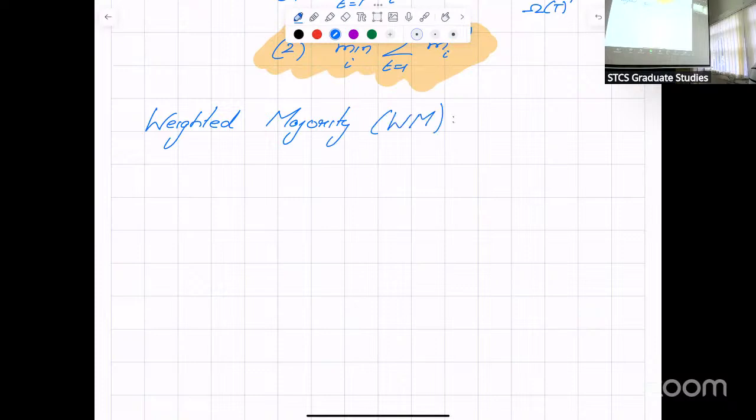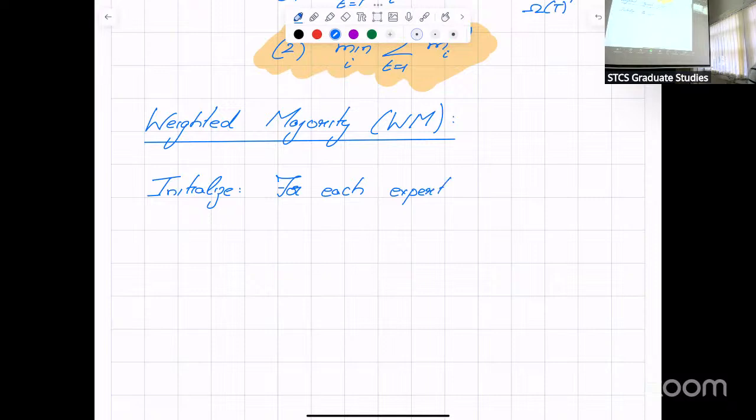WM. For the initialize step, for each expert i from 1 to n, we initialize w_i^1 to be equal to 1.